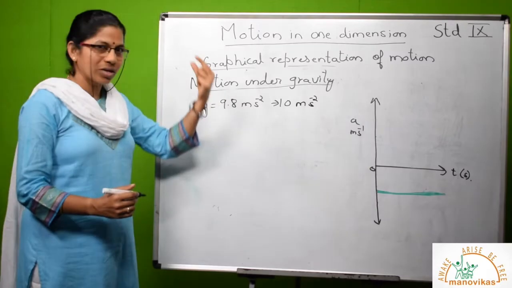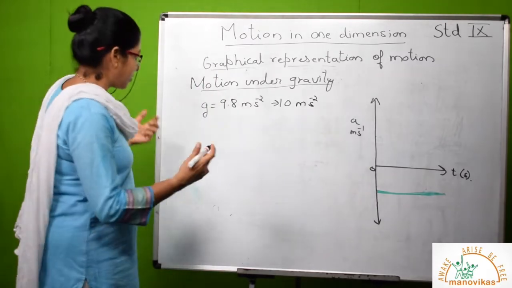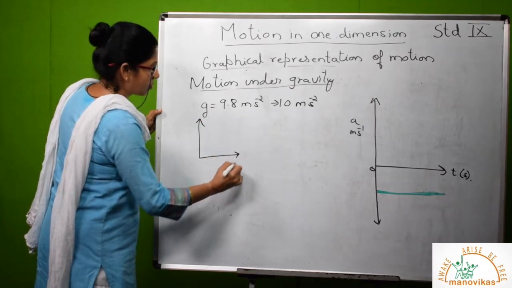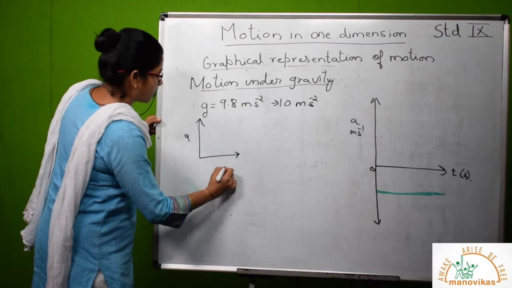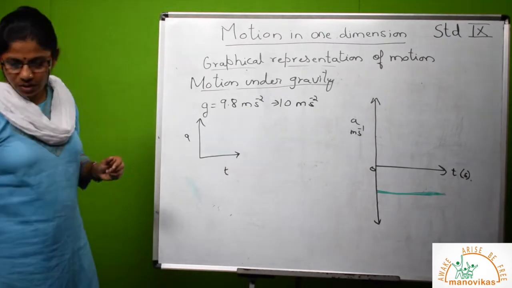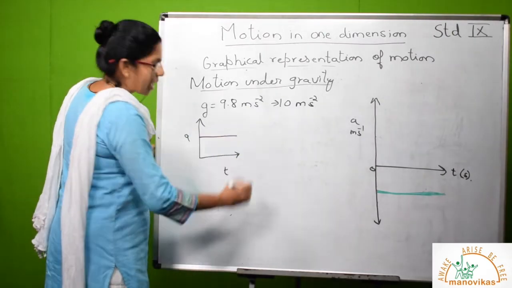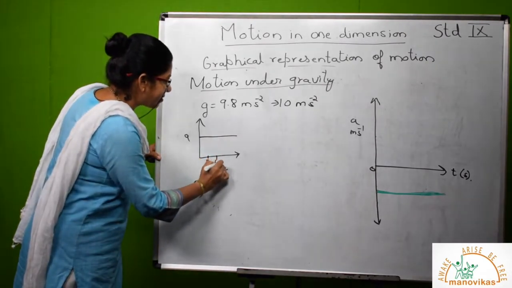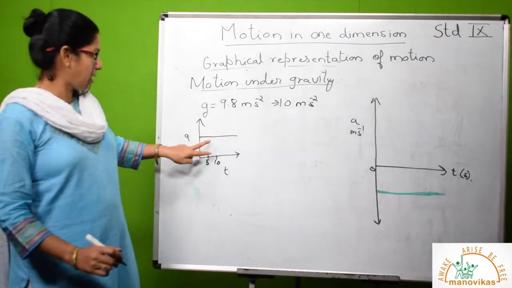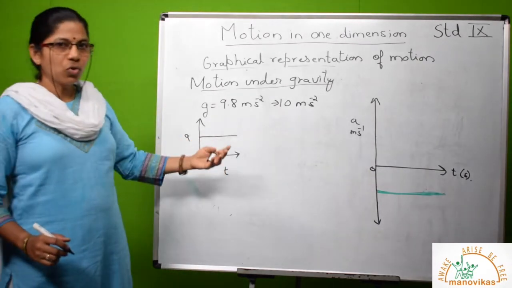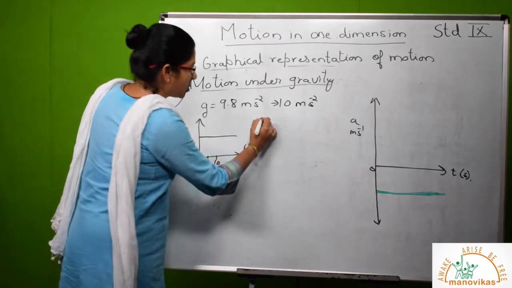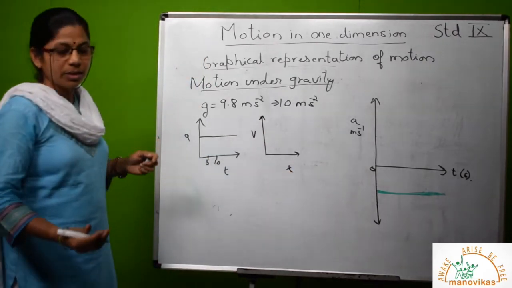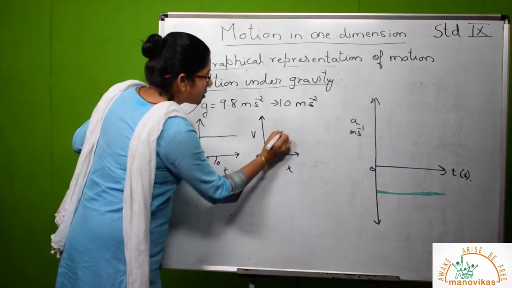So when an object is falling freely, the acceleration time graph will be a line which is parallel to the time axis. That means after 5 seconds, after 10 seconds, the acceleration remains constant. If you have to draw a velocity time graph, you're going to get a line like this.